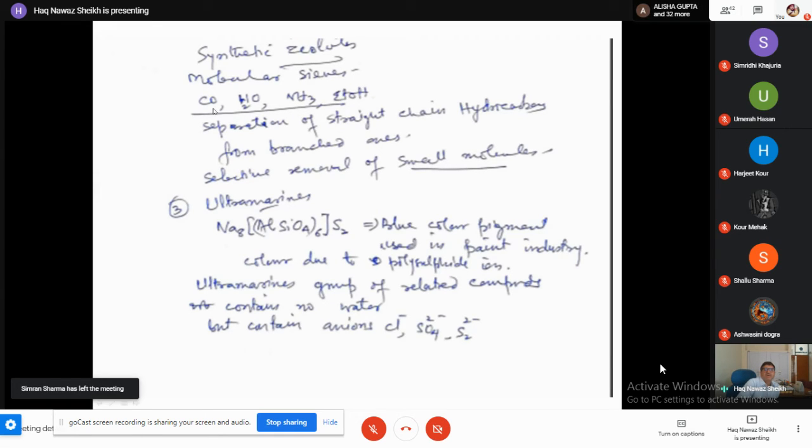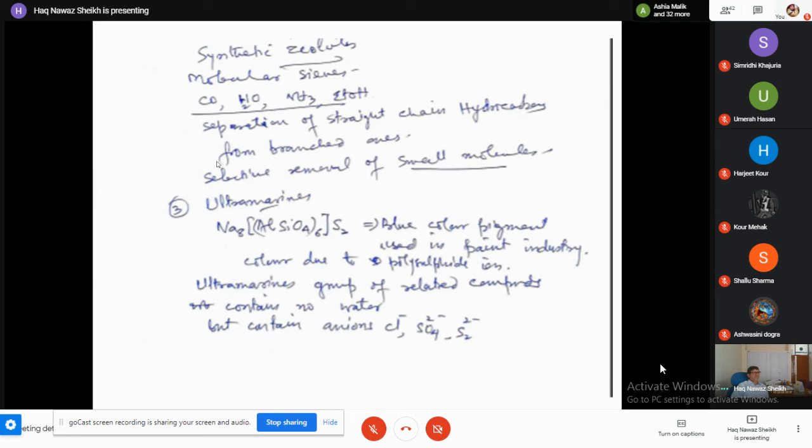So to separate carbon selectively, they absorb and condense in those channels carbon monoxide, for example, water, ammonia, ethanol, depending upon the size of the channel. So separation of, for example, straight chain compounds from an isomer which is branched chain.